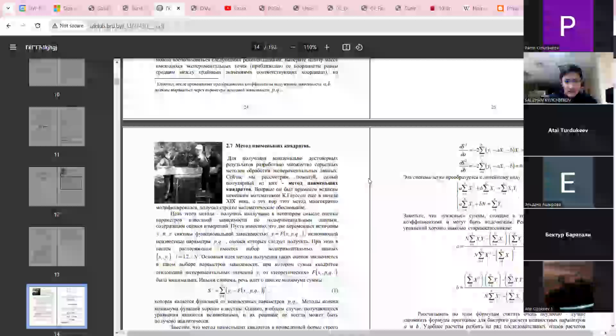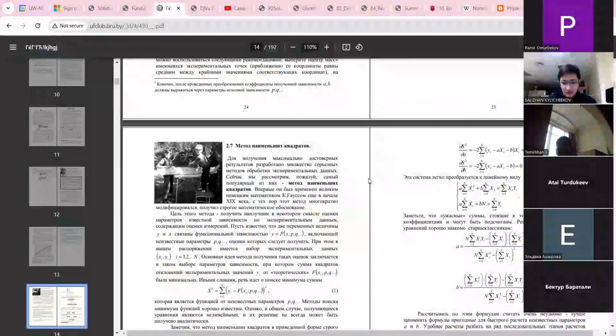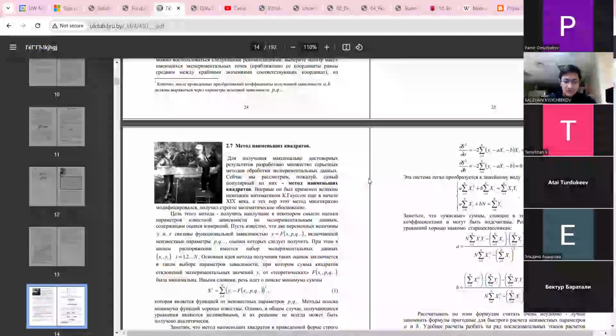Типа сен measurement кылдың, и ошодон максимальный plausible или достоверная информация чыгарып алышың керек, да? А метод наименьших квадратов бул один из наработанных систем, которые дают максимальную возможность, да, тебе это делать.